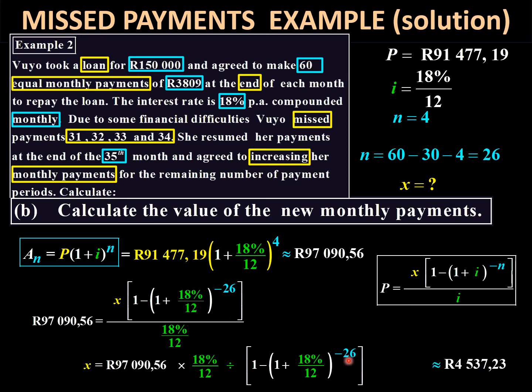And therefore the new payments is now, so you can see, for her to make up the payments that she missed, instead of paying 3,809, she now has to pay 4,537 Rand and 23 cents. Then she can still finish everything at the end of the original 60 months, right? So the payments have increased from 3,809 to 4,537 Rand and 23 cents.